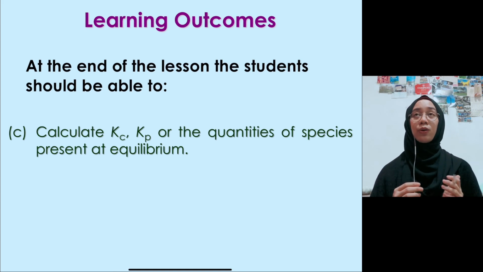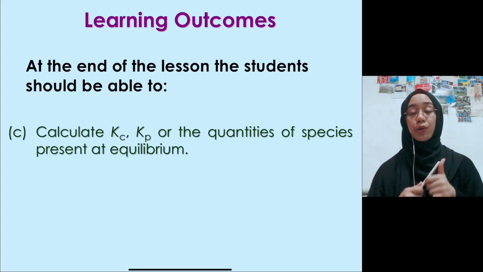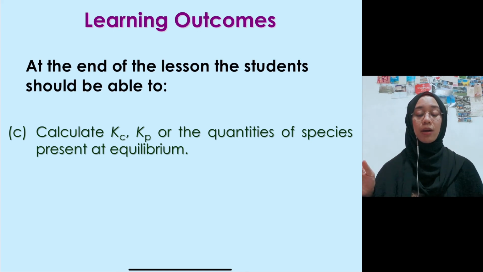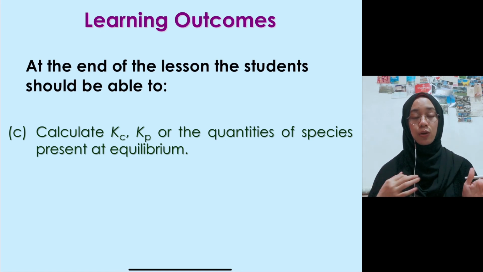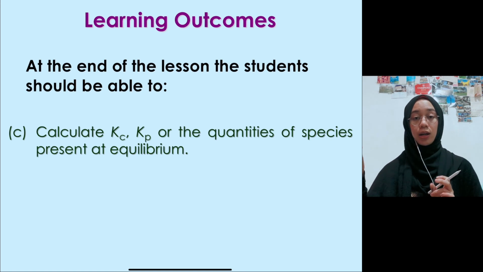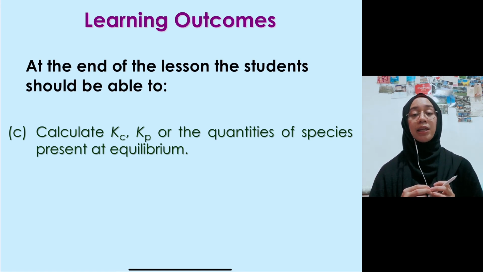Okay, so basically what we have learned today is the homogeneous and also heterogeneous equilibria. Homogeneous meaning all the phases of the species are the same, but for heterogeneous equilibria meaning there is more than one phase exists in one reaction. And then we also learn how to express Kc and Kp untuk those two equilibria.